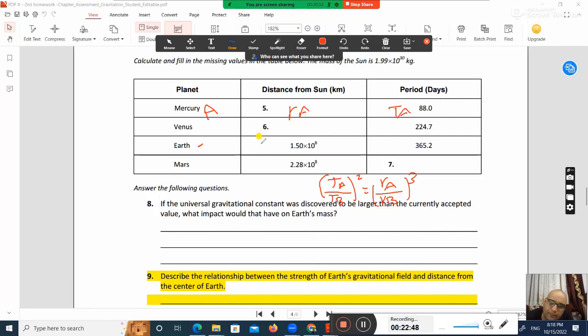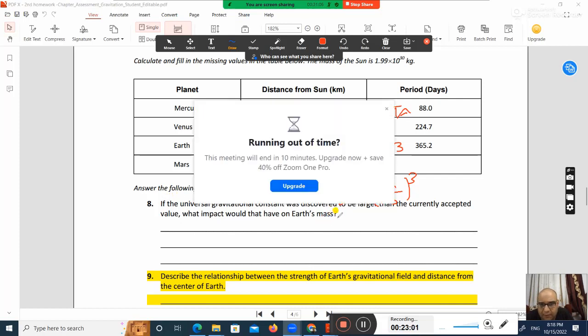Distance here is RB and TB. Substitute in this equation and find the answer. The substitution will be as follows.